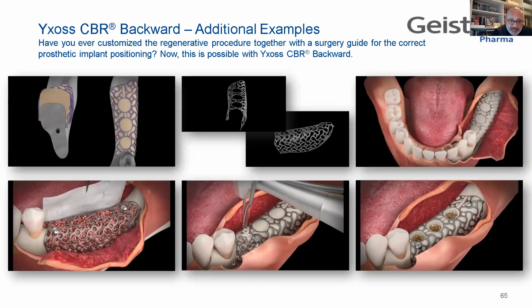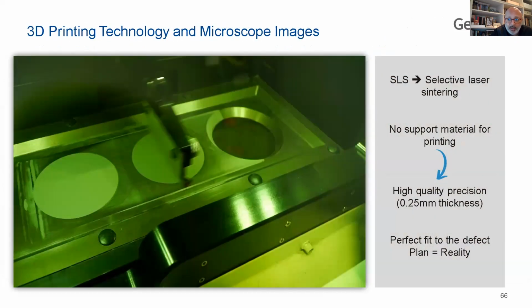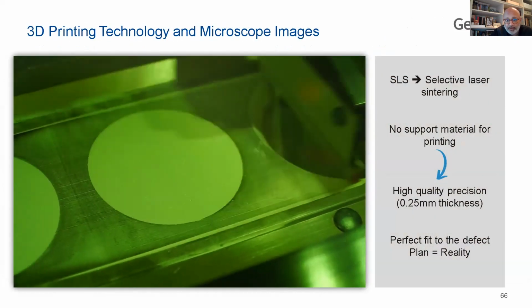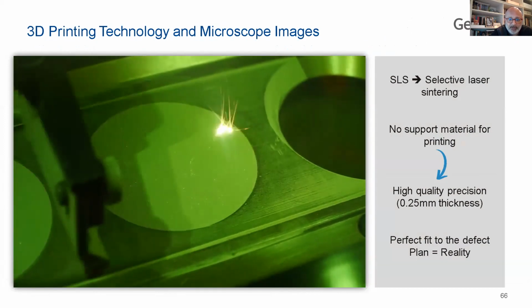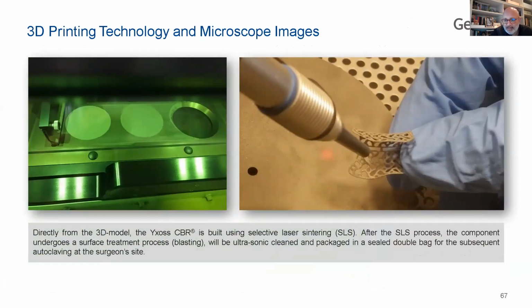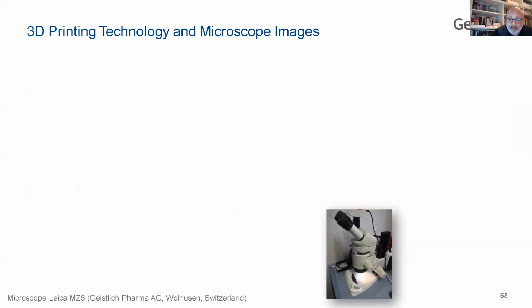This is just another schematic, and I'll show you a video as we finalize. This is actually production support material. This is what they actually use. Very interesting. Then there's the laser sintering that they use in the treatment process, or blasting.